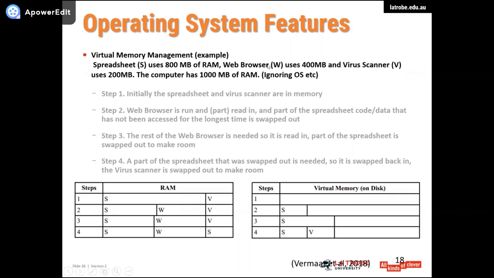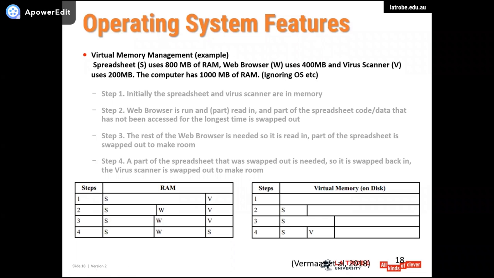The spreadsheet uses 800 megabytes of RAM, the web browser 400, the scanner 200, and our computer only has 1 gigabyte of RAM. Here we ignore the OS, because usually the OS itself always occupies some of the RAM, but in this case we just ignore that part.